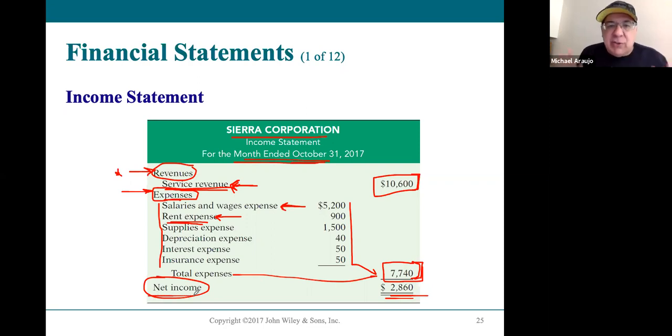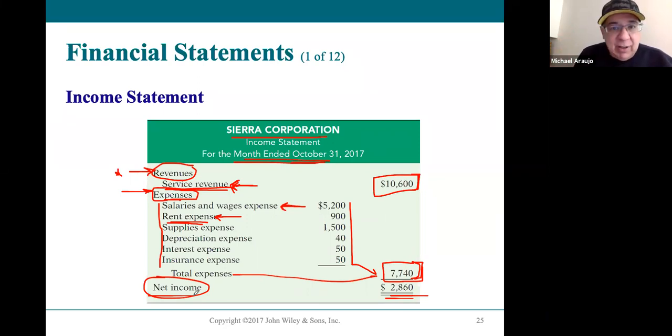Net income is the formal term that we use for profit, but it's the exact same word. So net income and profit are interchangeable words. Not only that, the word earnings, which you'll see on the next statement, means the same thing.